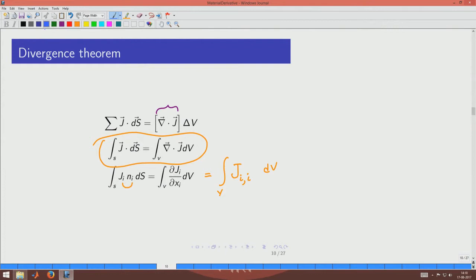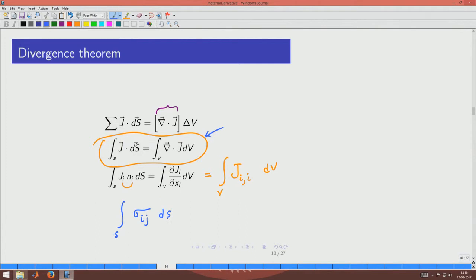Now, the divergence theorem, when we write it in the subscript notation, allows us to extend it to higher order tensors. What we have written here is for a tensor of order 1, namely a vector quantity j. You could then write it also for a tensor of order 2 in the following manner. So, let us say you are looking at sigma i j ds.